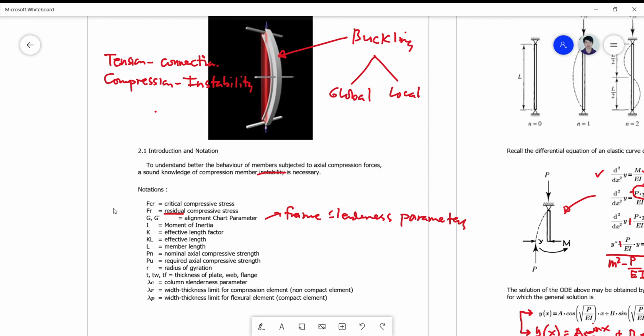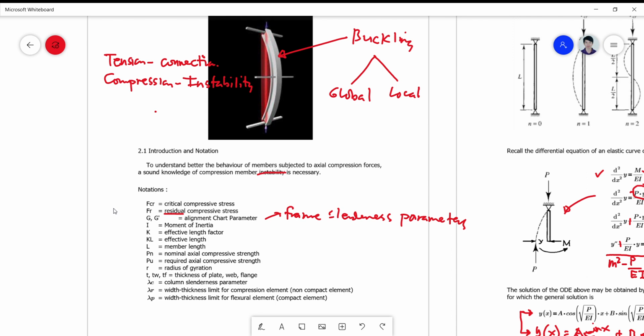We will be moving on to compression members, and we all know that the basic example of a compression member is a column, although we can regard other secondary members to behave as compression members also.